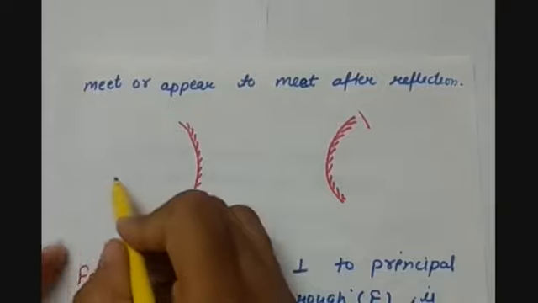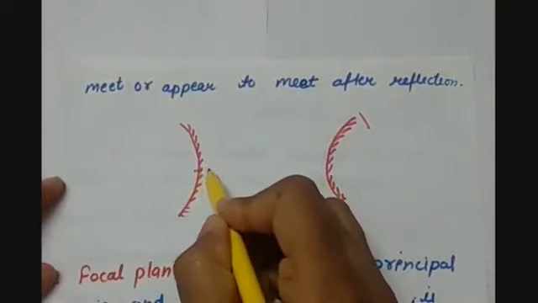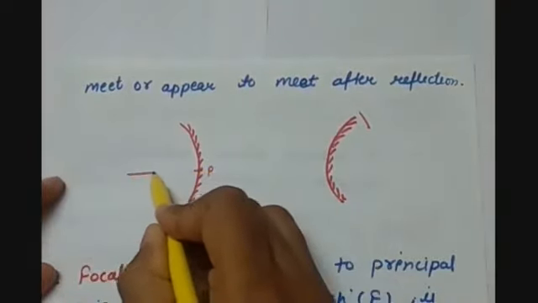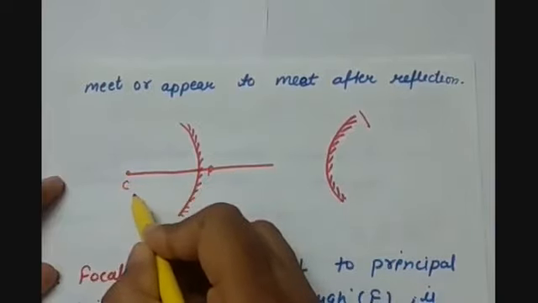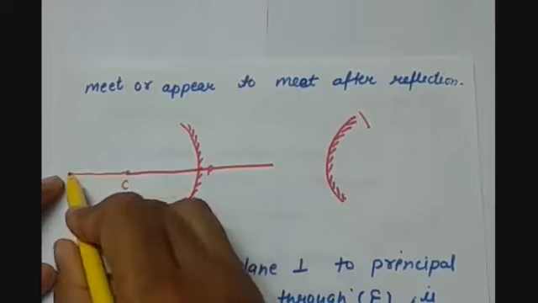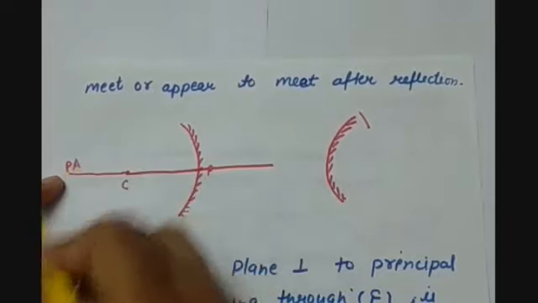What happens here? This is our pole. Let's say this is the center of curvature. Then the line passing through is our principal axis.